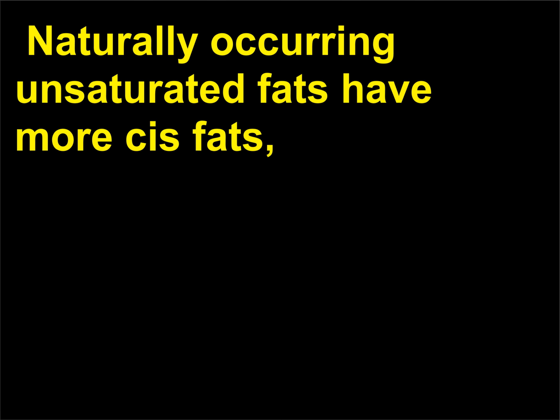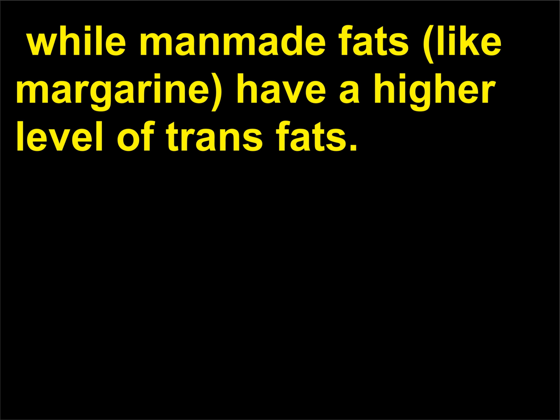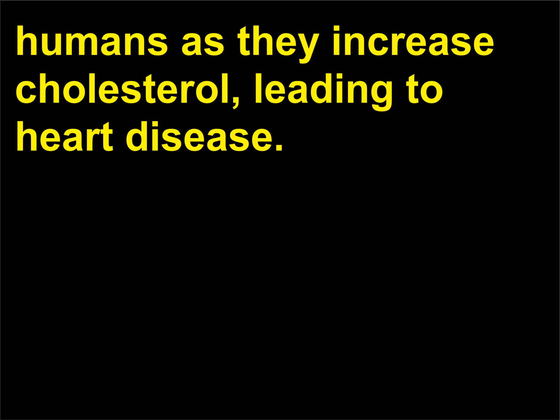Naturally occurring unsaturated fats have more cis fats, while man-made fats, like margarine, have a higher level of trans fats. Trans unsaturated fats turn out to be particularly bad for humans as they increase cholesterol, leading to heart disease.